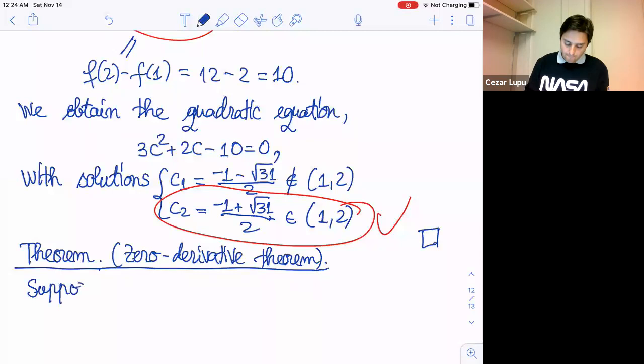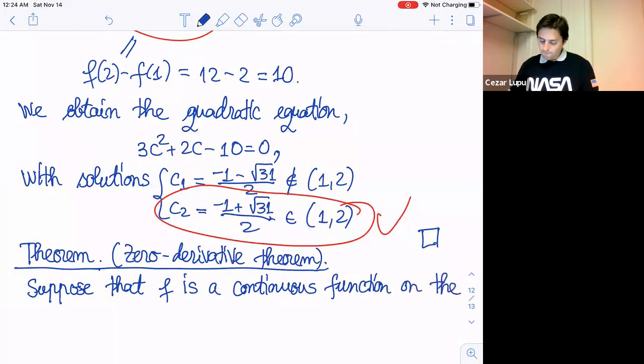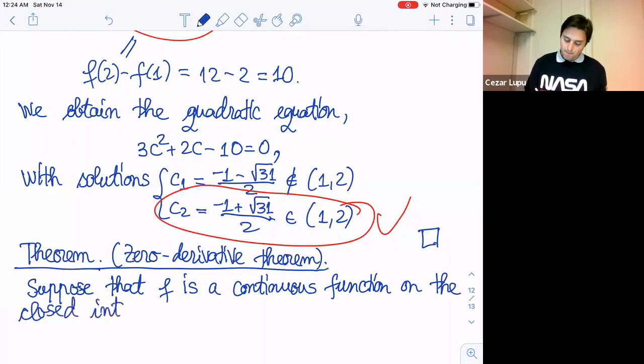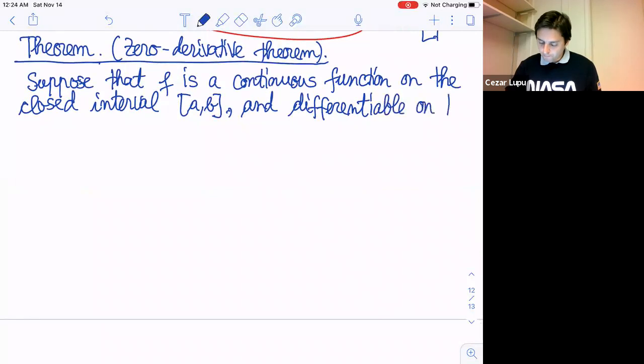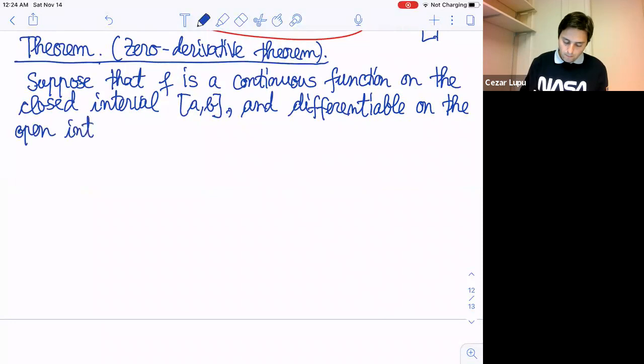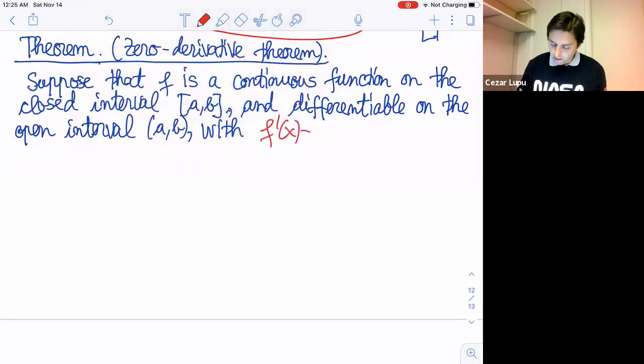Suppose that f is a continuous function on the closed interval [a, b] and differentiable on the open interval (a, b), with the condition that f prime of x is 0 for all x in the open interval (a, b).